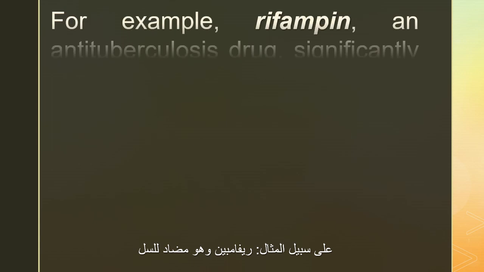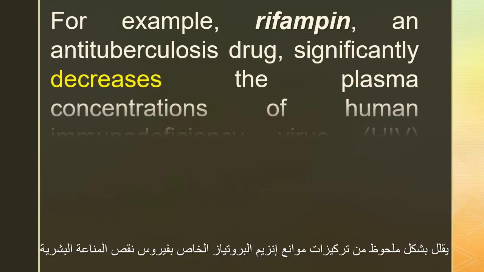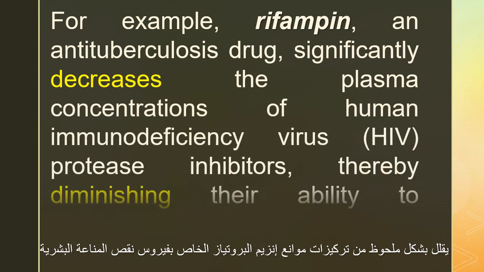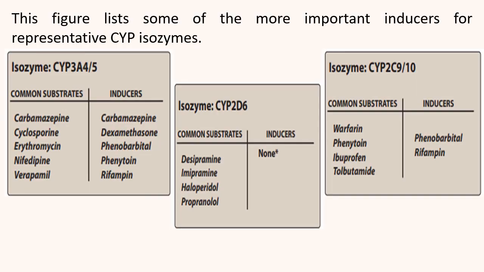For example, rifampin, an anti-tuberculosis drug, significantly decreases plasma concentrations of human immunodeficiency virus HIV protease inhibitors, thereby diminishing their ability to suppress HIV variant maturation. This figure lists some of the important inducers for representative CYP isozymes.